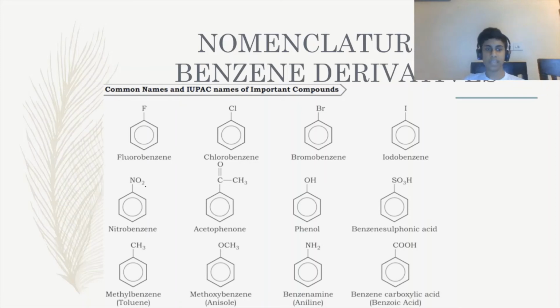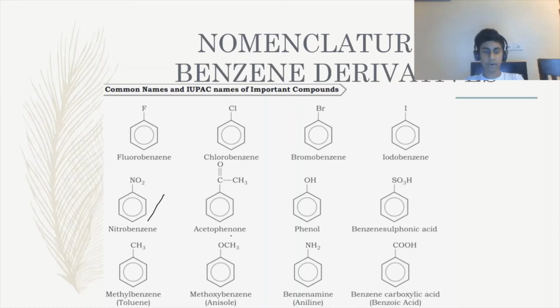And whenever we put NO2, this is a nitro group. What we saw earlier is always a prefix, a substituent, and we add it always as a prefix. This is nitrobenzene. This is acetophenone, because ideally there should have been one more CH3, but then it takes its place, benzene.